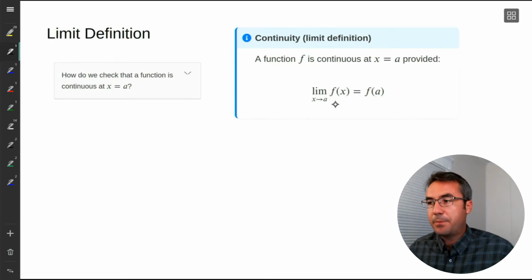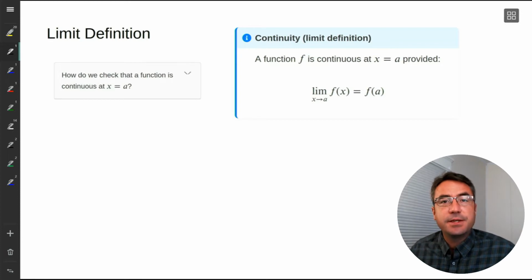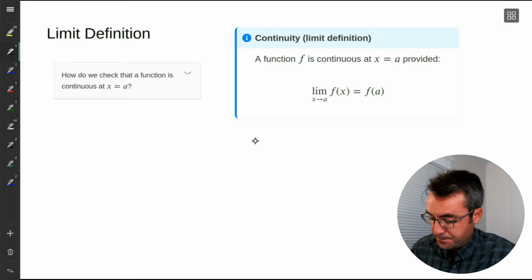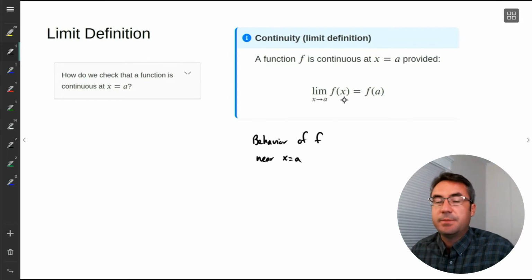If we remember back, we've talked about limits, and what limits are used for is they describe the behavior of our function near x equals a, as x approaches a. So that's what this limit does.